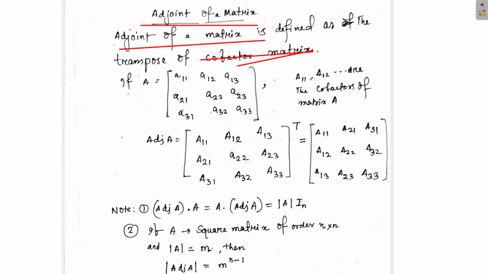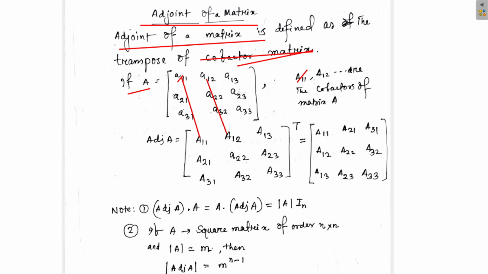For example, if we have the matrix A, which is a 3 cross 3 matrix, initially we have to find the cofactors of each of the elements. For example, the cofactor of element A11 is capital A11. So we'll first find all the cofactors like this.